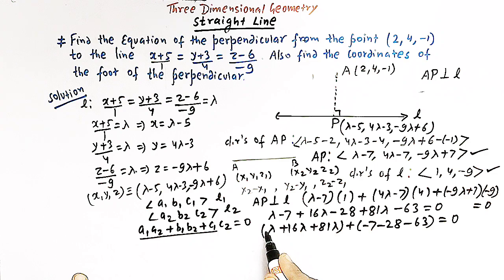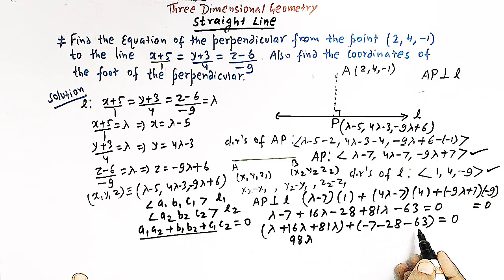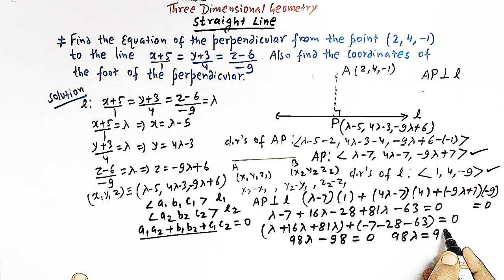So now if we add these three numbers, then we have 98 lambda, and here we have minus 7 minus 28 minus 63, and this is also minus 98. So this is equal to 0. So now from here we have 98 lambda is equal to 98. So lambda is 98 over 98, that is equal to 1, right?